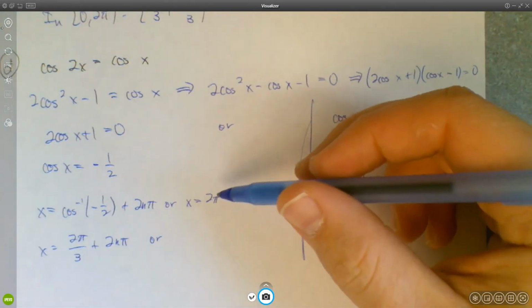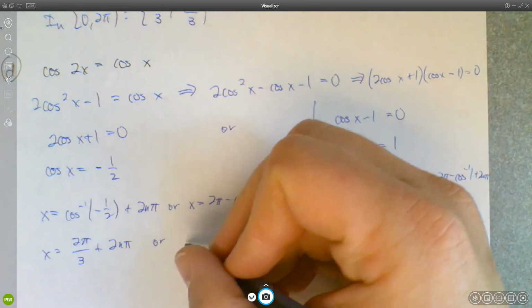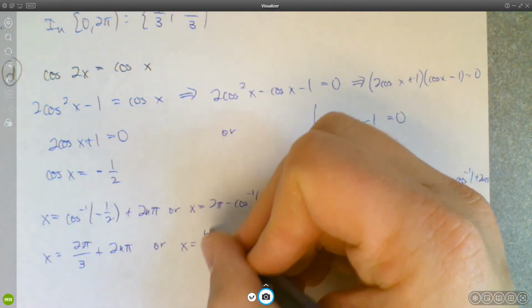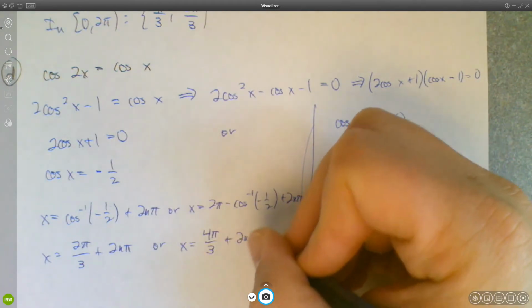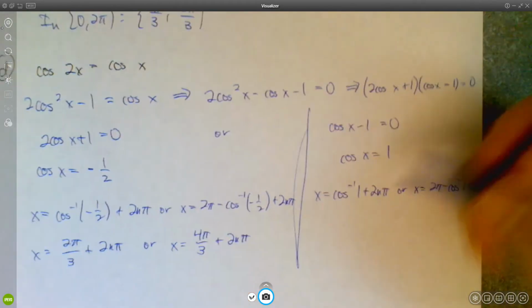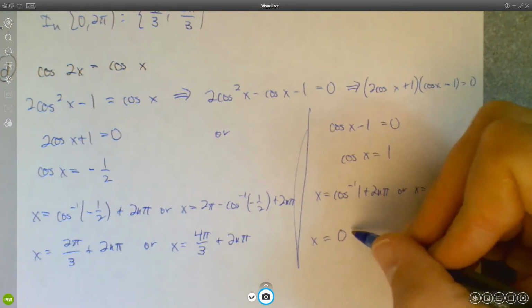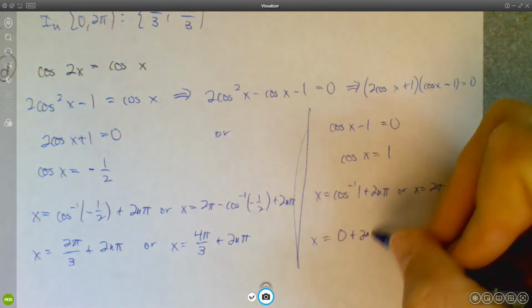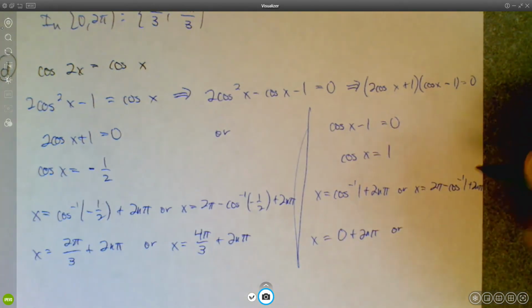Well, 2 pi would be 6 pi over 3. 6 pi over 3 minus 2 pi over 3 is 4 pi over 3, right? So x is 4 pi over 3 plus 2n pi. Here we're going to get what? Cosine inverse of 1 is 0. So we're going to get 0 plus 2n pi, or 2 pi minus 0.